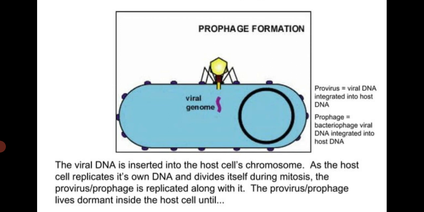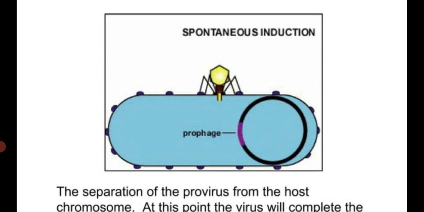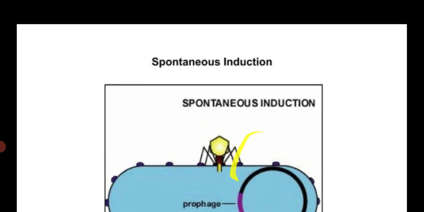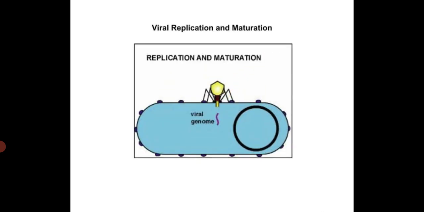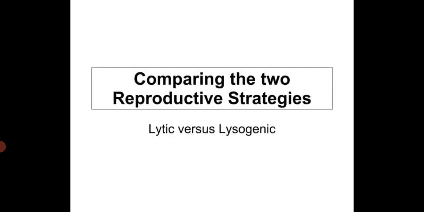Provirus or prophage means the viral DNA gets integrated into the host DNA. Here we can see how the viral DNA is integrated into the host cell DNA, and this is called a prophage or provirus.